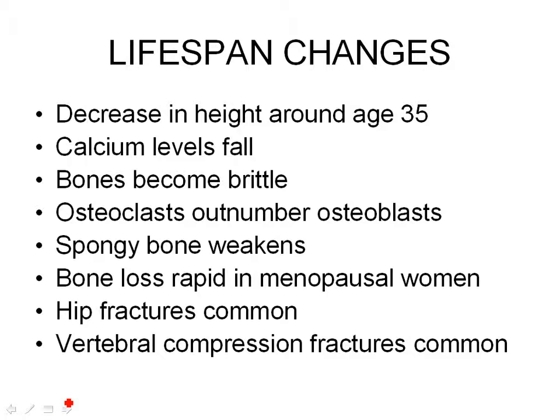When the osteoclasts outnumber our osteoblasts, we're breaking down more bone and releasing more calcium into the bloodstream, and depositing less calcium and phosphate into the bone. So the bones are definitely becoming weaker.